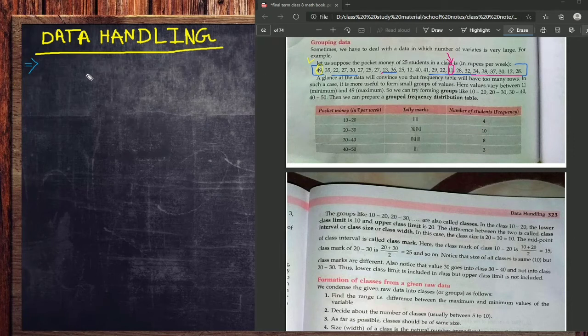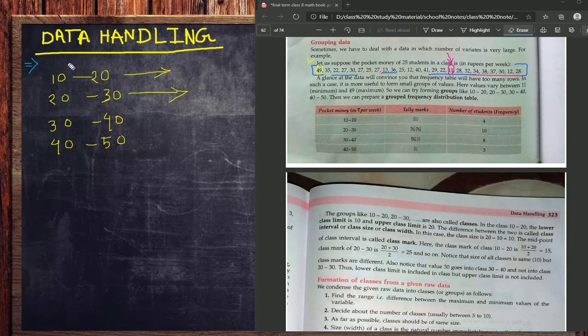So our arrangement here is 10 to 20, 20 to 30, 30 to 40, and 40 to 50. As I told you, we have to start from 10 because we don't have any value less than 10, and we have to finish at 50 because we don't have anything greater than 50. So all our grouping is done right now.